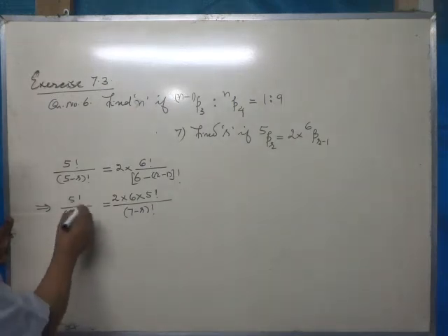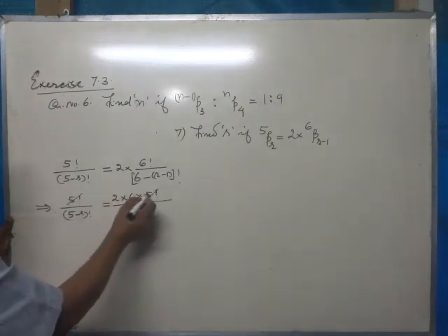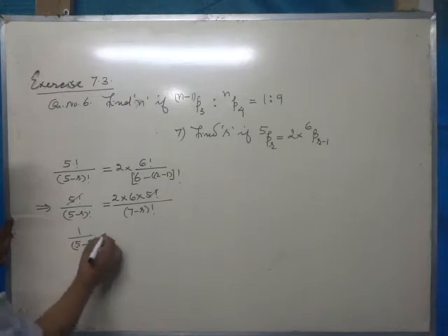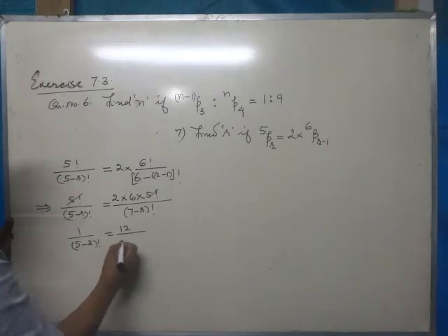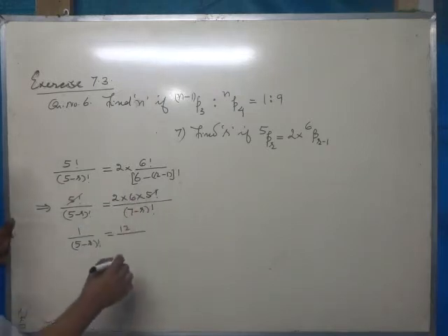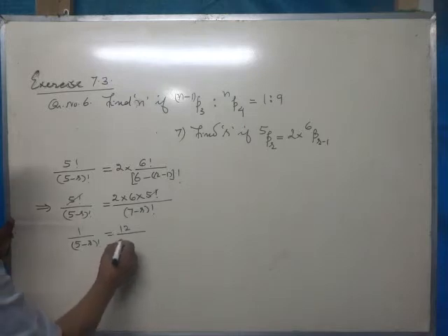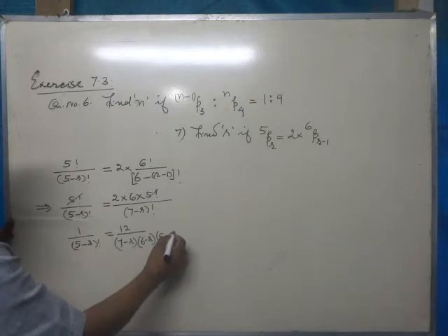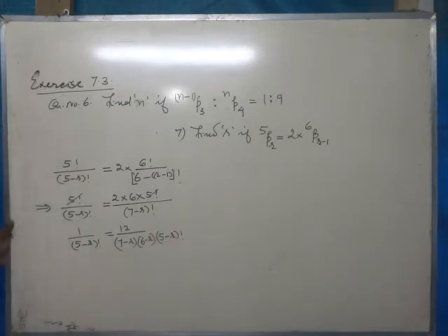Now you can write 1 by (5−r) factorial is equal to 12 by (7−r)!. This 7−r factorial can be written as (7−r)(6−r)(5−r) factorial. How is it possible?